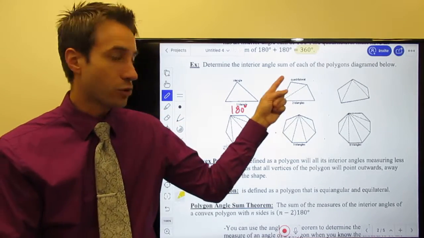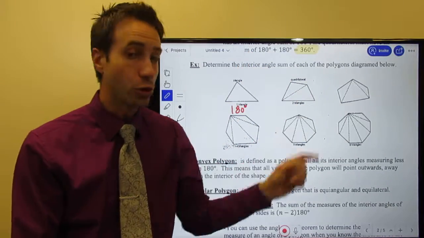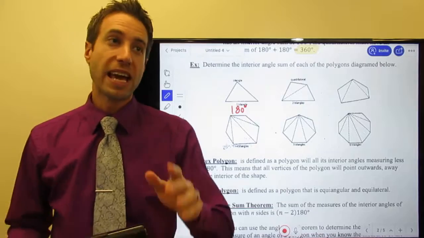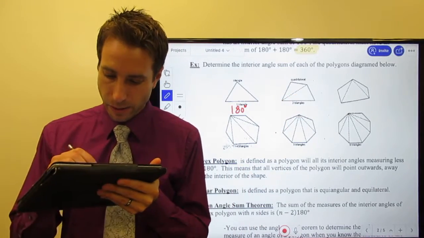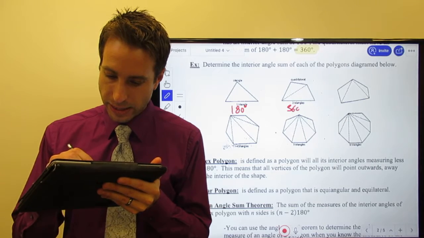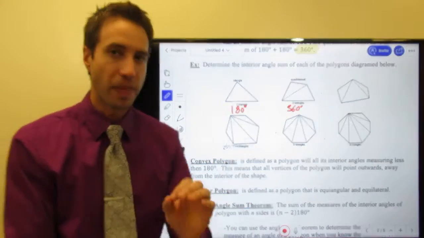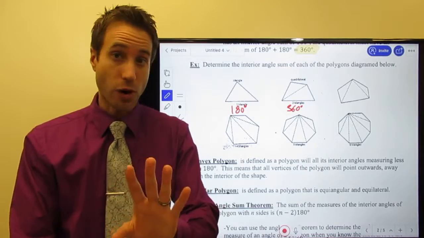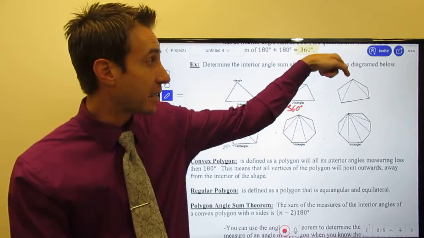Okay. Quadrilateral, we just looked at it above. I have 2 triangles. So 180 plus 180, 360. We already did that one above too. Here we go. Here's my next one. Now again, the way to draw these triangles, if I just give you a polygon, is to pick a vertex.